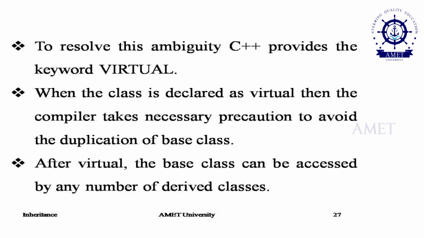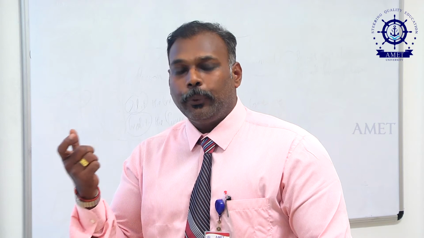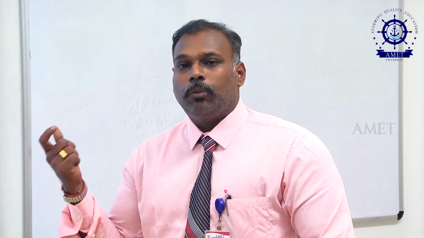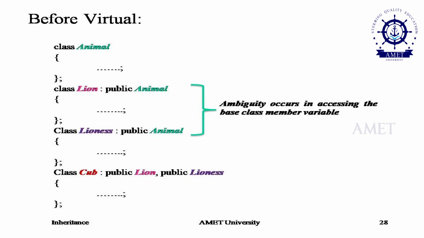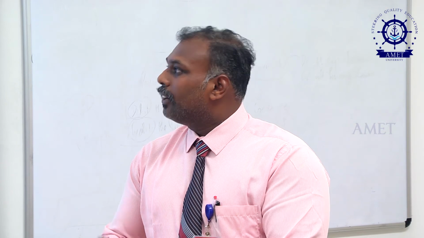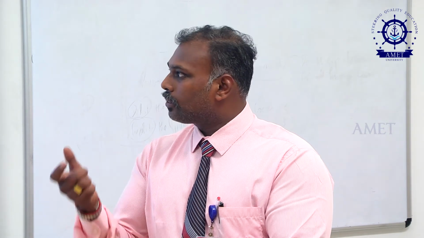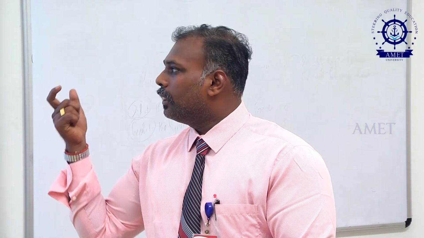To overcome this ambiguity, we are going to use the keyword virtual. Next is the modified version of this hybrid inheritance example. Now you can see the virtual keyword placed after the mode in derived class 1. Class lion colon public virtual animal.